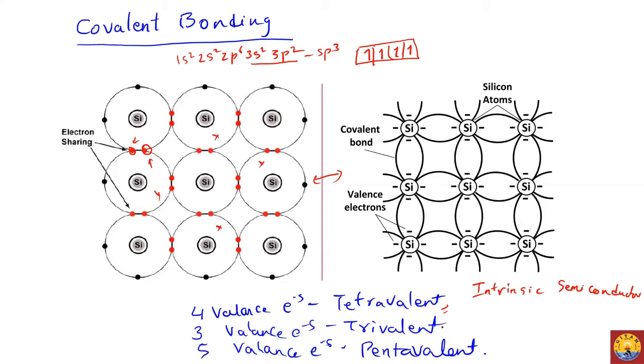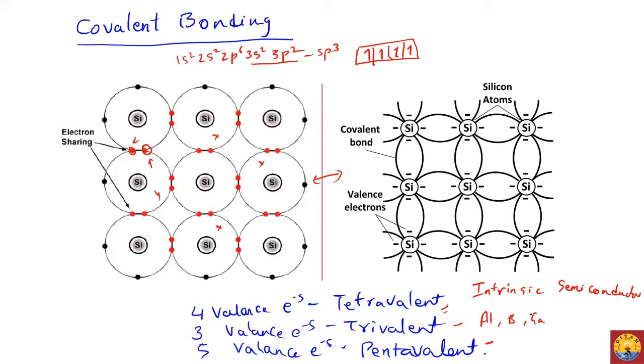If there are some atoms which have 3 valence electrons, we call them trivalent. Anyone can tell an example for trivalent? Like aluminium. This particular aluminium has 3 valence electrons. Any other? Boron also has 3 valence electrons.